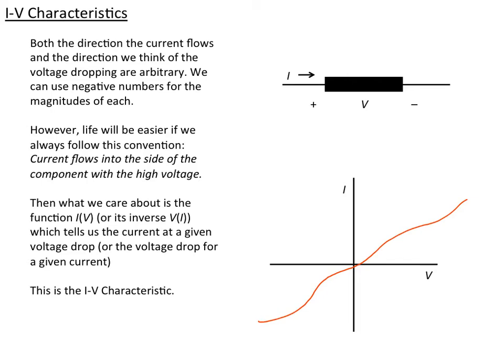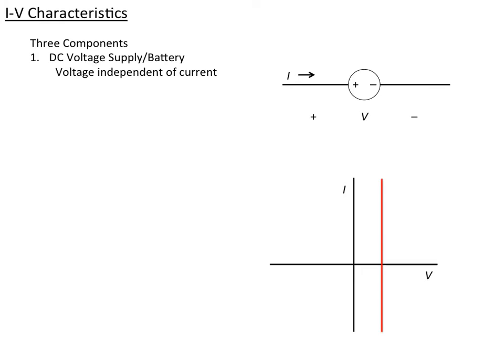That function is the IV characteristic describing the component, and it tells us everything we need to know about the component. There are three components we will need to know about before starting in earnest on solving circuits.